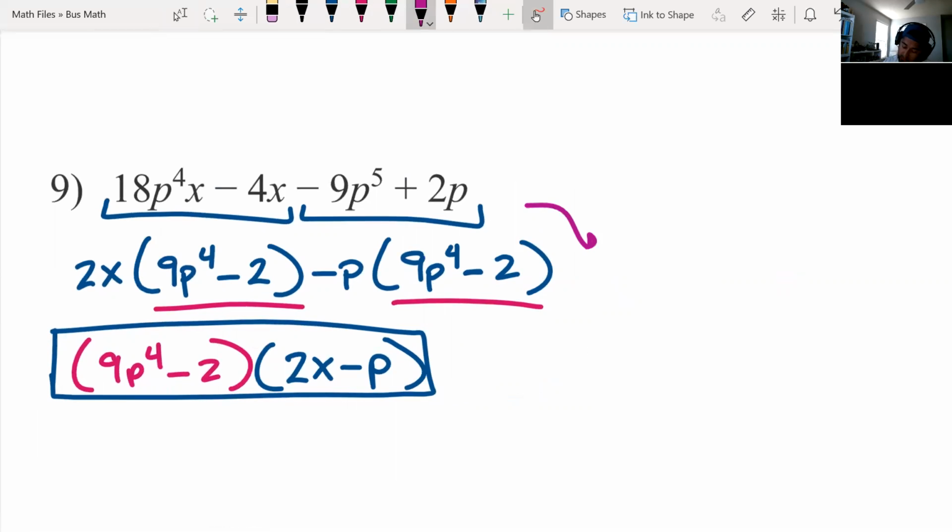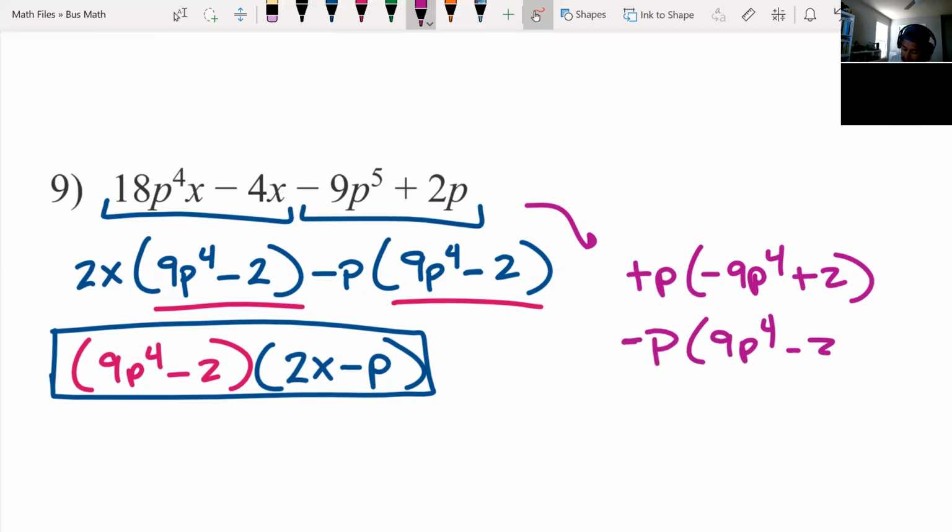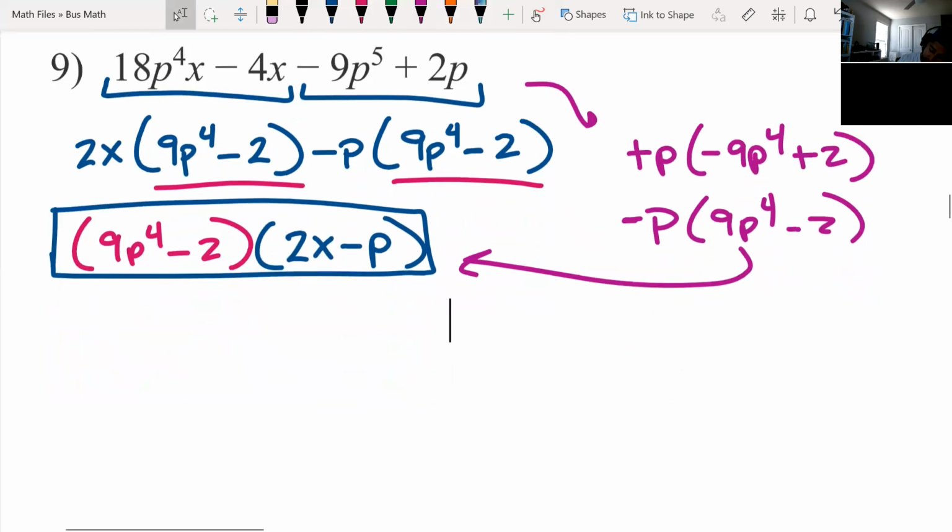Let's say you did take out just a positive p, then that'd be negative 9p to the 4th plus 2. Then your next step would have to be taking out the negative 1, which would make it negative p, meaning that'd be 9p to the 4th minus 2, which would then lead you back there. So if you needed those extra steps, then do it. Cool beans. Thank you.